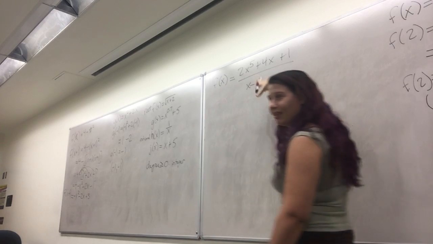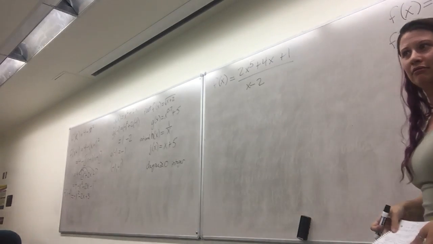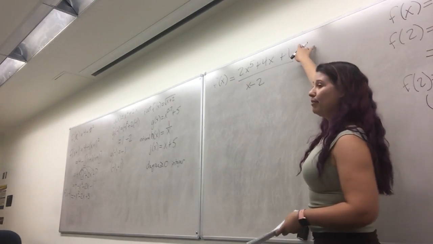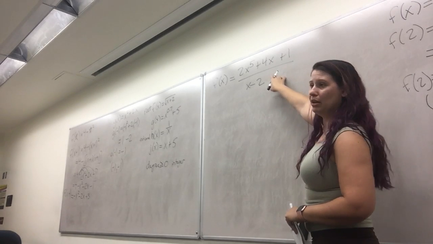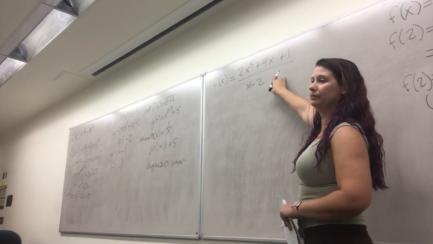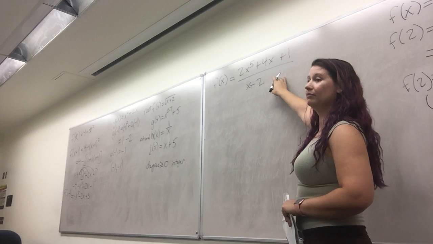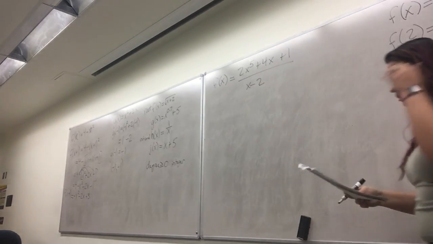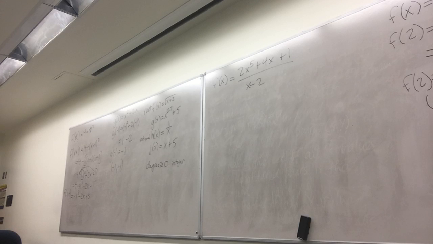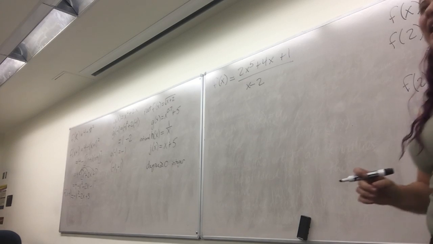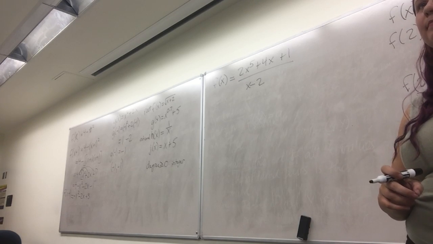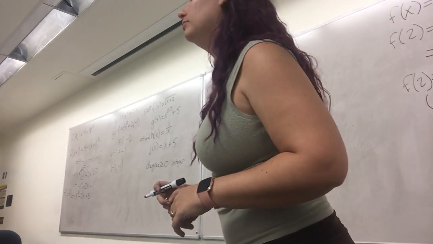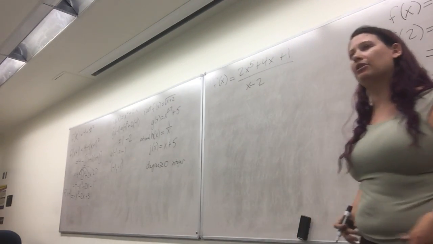There has to be a variable there. So that's a rational function. With this rational function, we want to find the domain. You said it was rational or irrational? Rational. We don't talk about irrational functions.